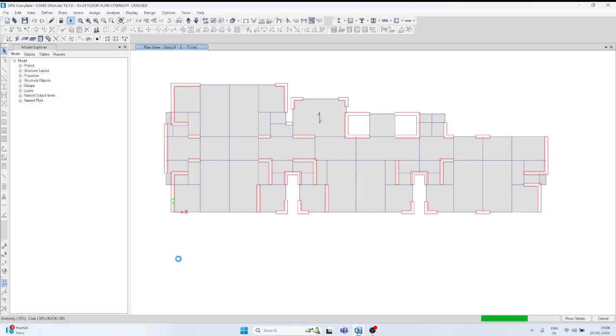Now after that, when the analysis is complete, you have to go to display, and in display you will get the table of scale factor of the buckling. You have to choose that one, and put that scale factor again in the dead and live load, because you know that before, in dead load the scale factor we had taken was 1, and in live load the scale factor we had taken was 1.